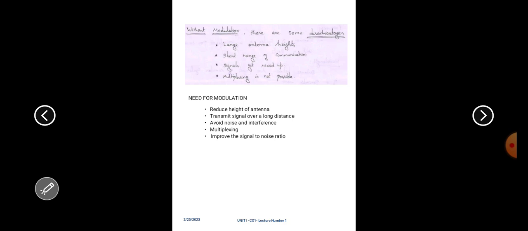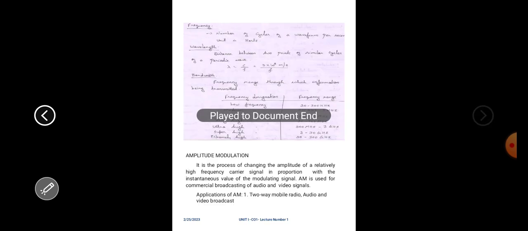So what is the need for modulation? To reduce the height of antenna, transmit signal over a long distance, avoid noise and interference, enable multiplexing, and improve the signal to noise ratio. How do we reduce the height of the antenna? There is a relation between wavelength and frequency. What is frequency? The number of cycles of a waveform per second is known as frequency, and the unit is hertz.